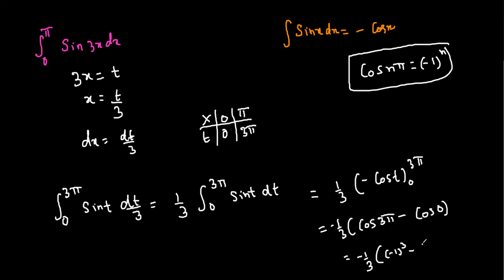Cos 0 is 1. When n is odd, it will always give minus 1. Even will always give plus 1, right? Minus 1 raised to 3 is what? Minus 1 minus 1, that is 2 over 3.